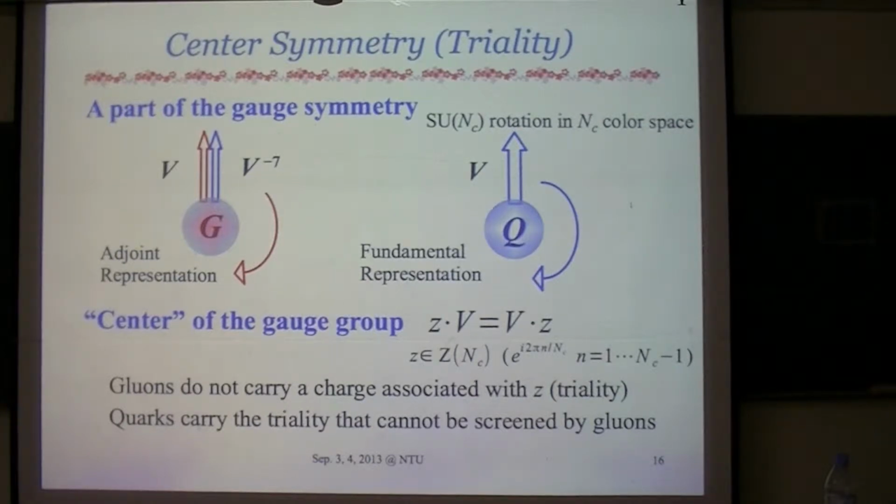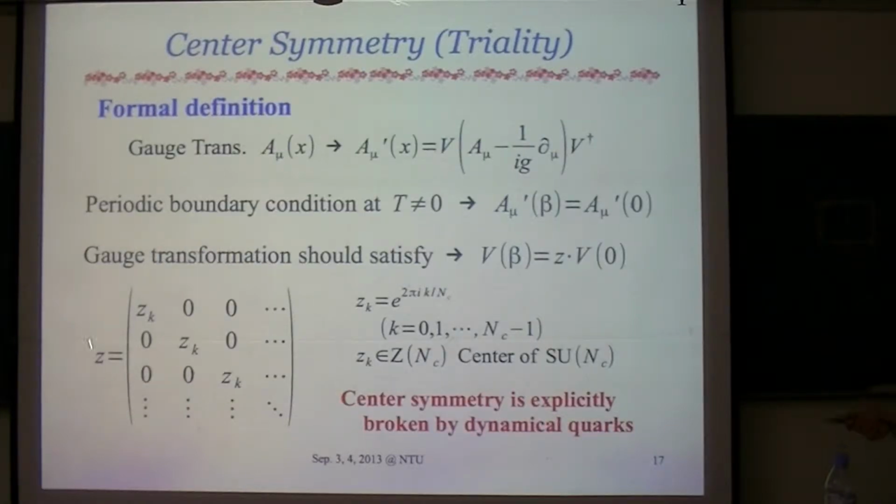Why? Because if you consider a matrix like this one, this is proportional to unity. But this actually belongs to the SU(N) group, because the Hermitian conjugate is of course the inverse of this matrix, right?